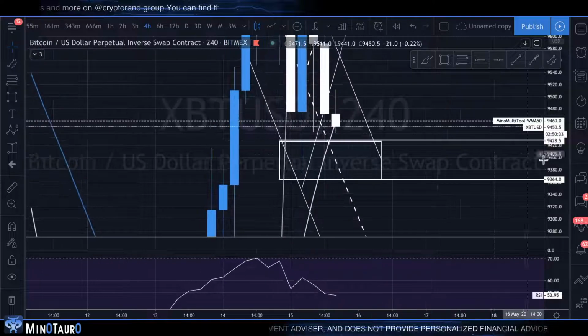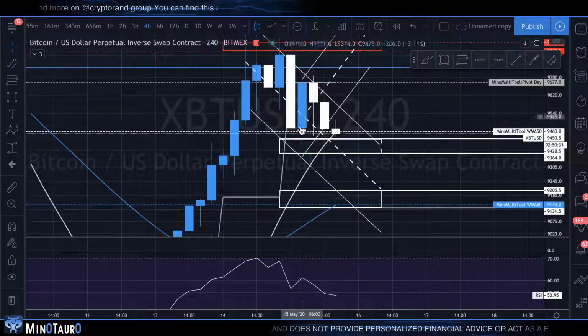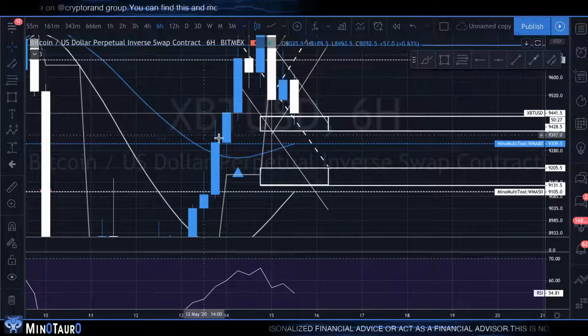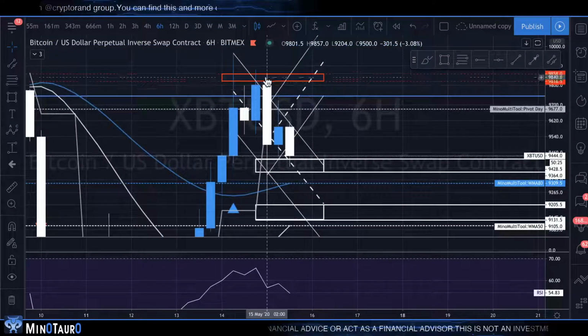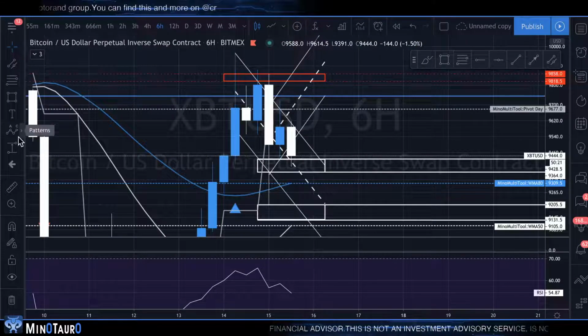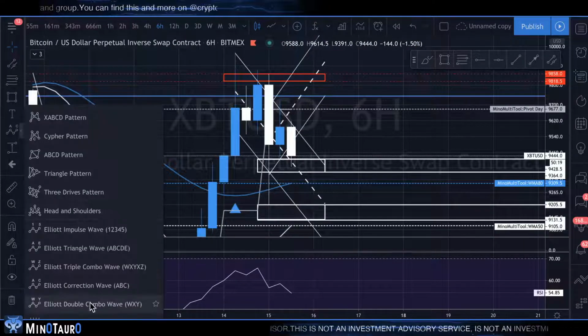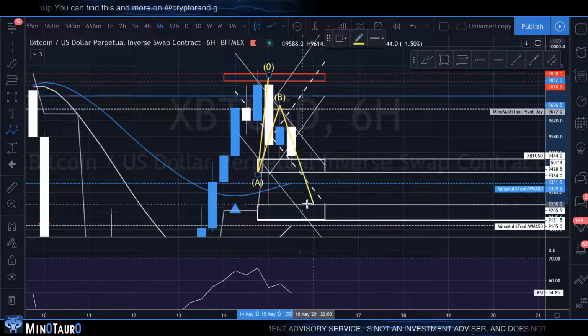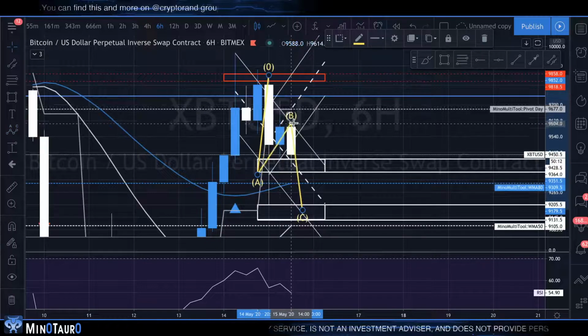So the 2 hour 50 to actually complete this target is the same. The 6 hour is looking like it's making an ABC correction. 1, 2, 3, no. This ABC correction is this, something like this, something like this.